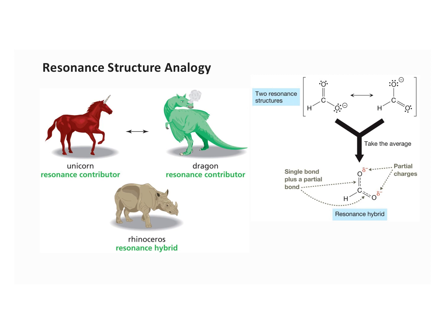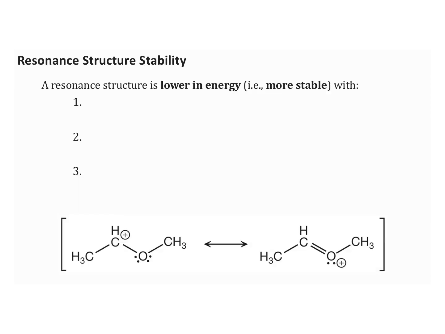So let's talk about what you do in cases where resonance structures are inequivalent. When this occurs, the relative energies must be determined in order to obtain their relative contributions to the hybrid.